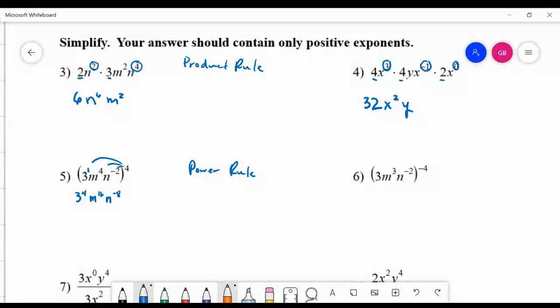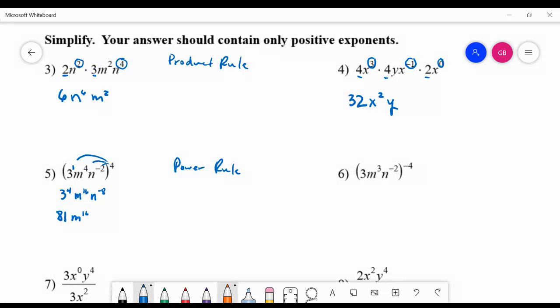Okay. 3 to the 4th power, 3 times 3 is 9, times 3 is 27, times 3 is 81. m to the 16 doesn't change, but n to the negative 8, since it's a negative exponent, you bring it to the bottom. So it's now n to the power of 8 on the bottom. That's your answer.